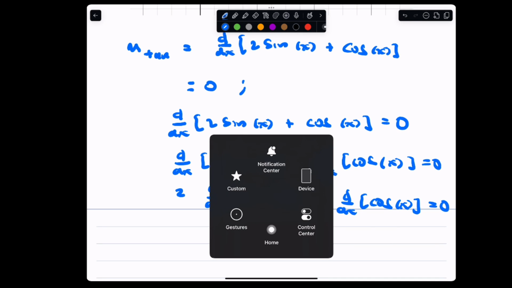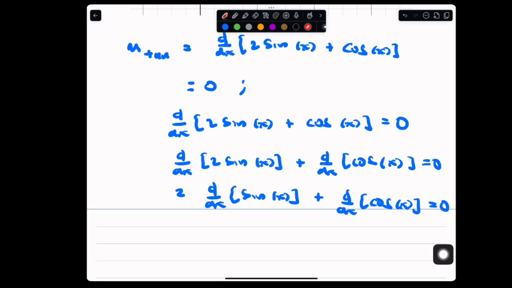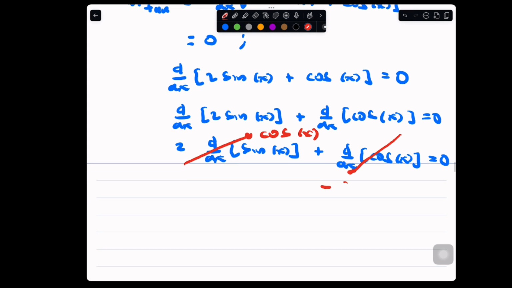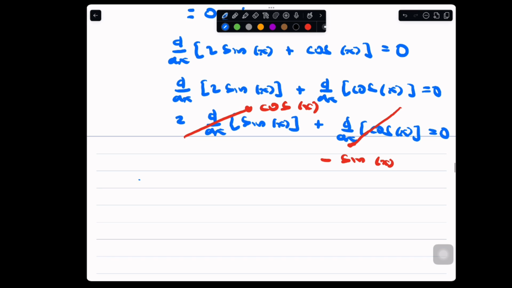All right. Okay, what's the derivative of sine now? What's the derivative of cosine? Okay. Isn't that good to know? We're saying 2 cosine x minus sine x equals 0.